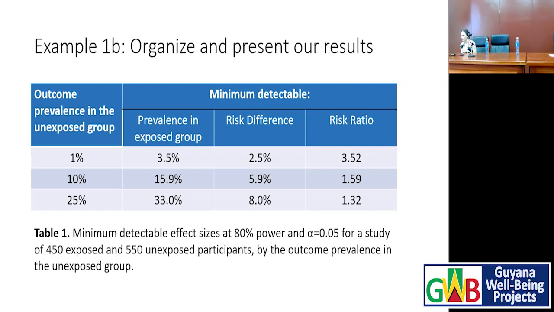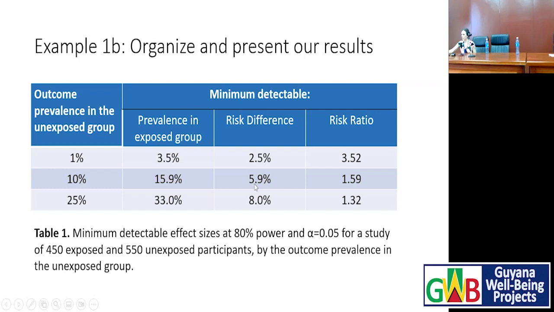And so here, I've filled this out. We see here the different outcome prevalences, which we talked about: 1%, 10%, and 25%. And then we talked about different ways that we can present this. You can look at it, say, here's the risk difference that we were just talking about.